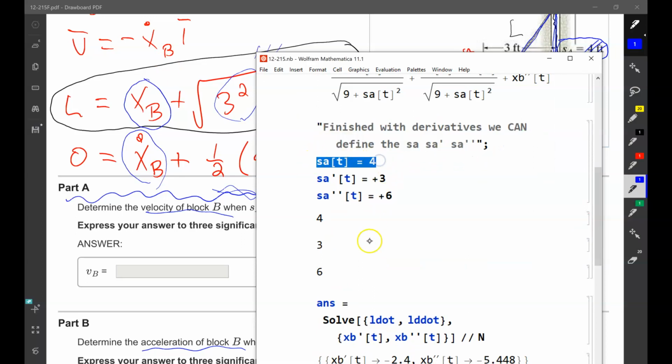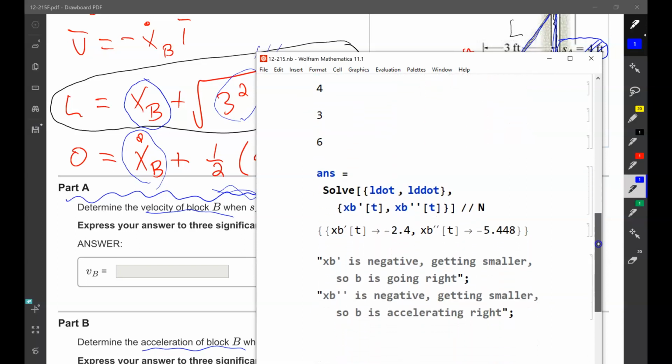So SA is 4. SA dot, that was given, that is the velocity. The velocity was going up, so SA is getting bigger. That's why it's a positive 3. The SA double dot, the acceleration of A, is also going up. So SA double dot is positive because it's getting bigger, so it's a positive 6.